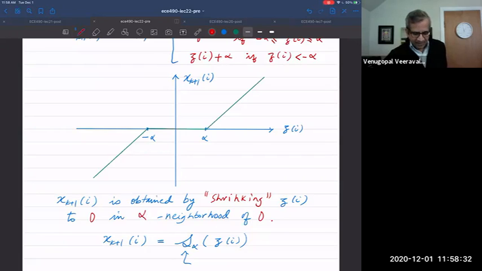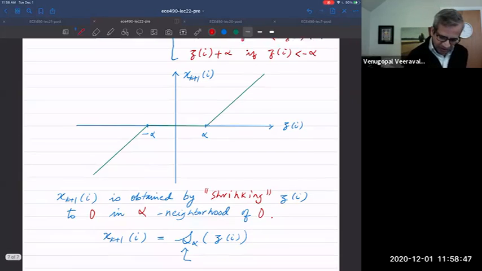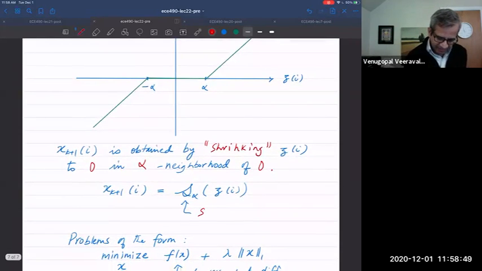This kind of thresholding turns out to have some very nice properties in many applications. So this is called a shrinkage operator. So you shrink zi towards 0 to form your solution xk plus 1.